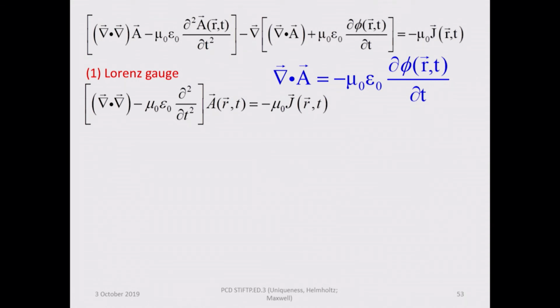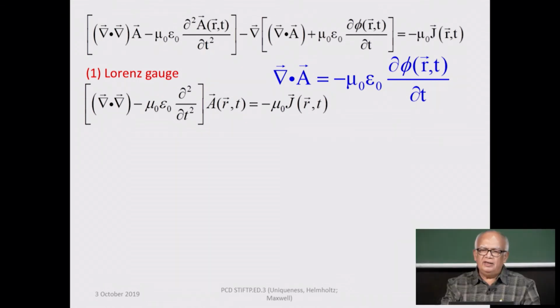So let us discuss the Lorentz gauge, and in the Lorentz gauge del dot A is equal to minus mu 0 epsilon 0 del phi by del t, and in the Lorentz gauge this second term vanishes. So you have got this left hand side, which is this, equal to the right hand side, which is this. Okay?